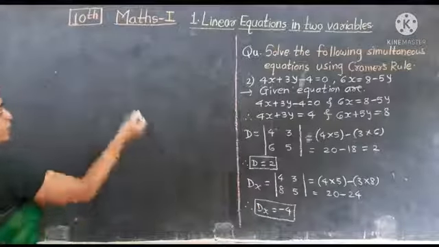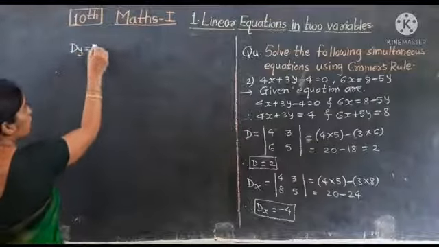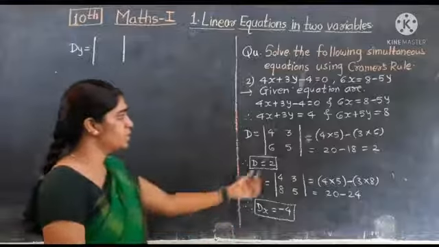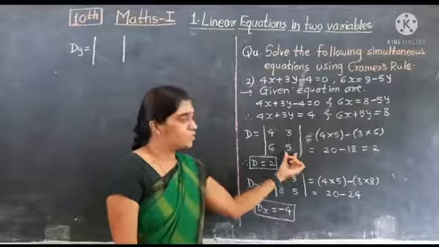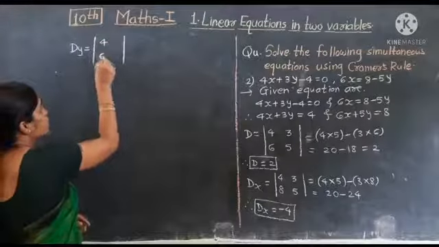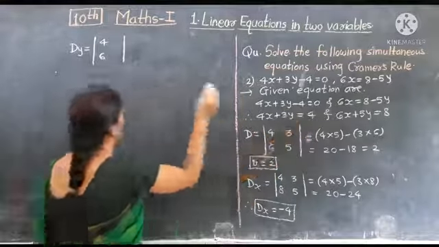Now find the value of dy. dy is equal to. While writing dy, you replace here in the d the column of y by constant numbers. So x as it is, 4, 6, and it is replaced by constants. Constant numbers are 4 and 8.